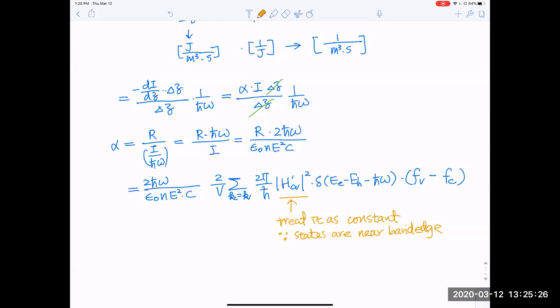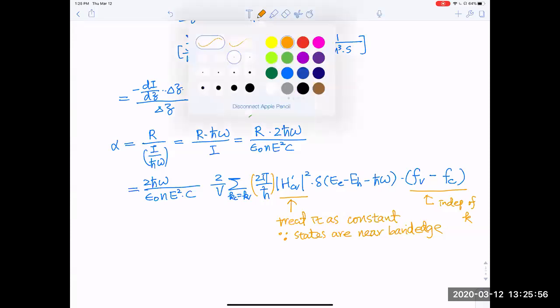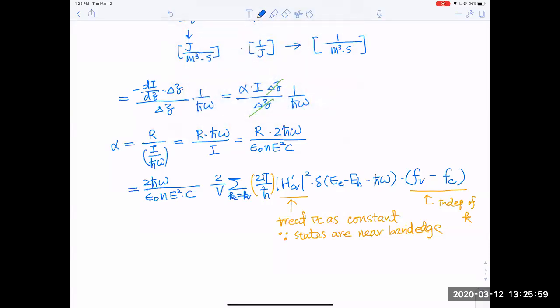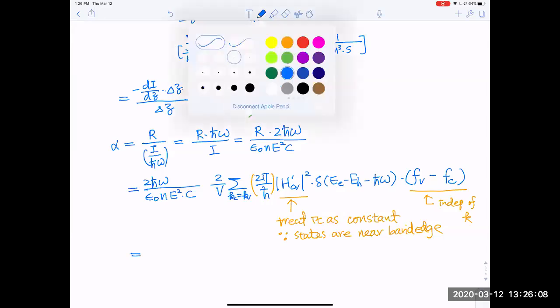And FV minus FC, actually for optical transitions, as we will see later, is independent of k. So this term is also independent of k, and we can move it out of the summation, okay? So we move this constant term out, and the h bar cancels out.